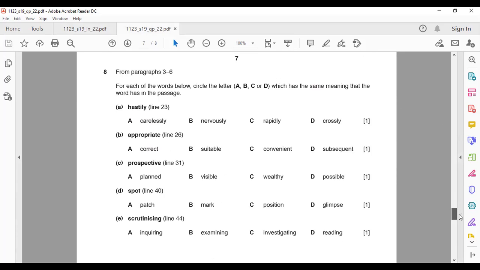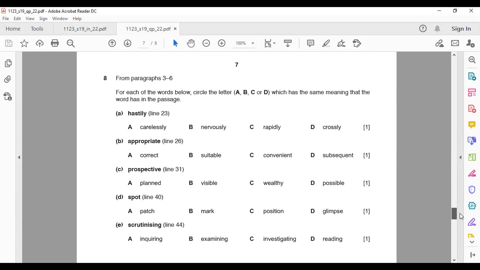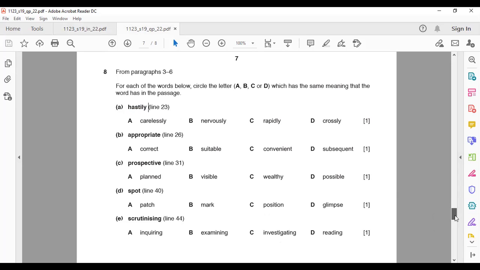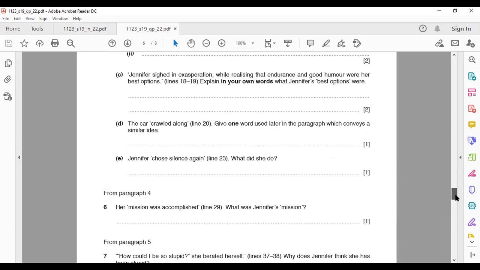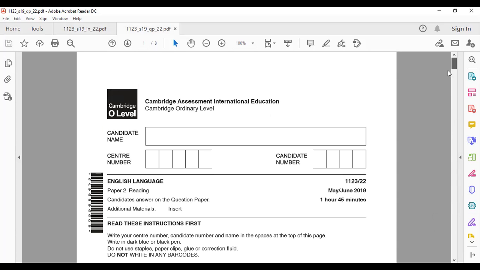Okay, so in the vocabulary question, you will come across 5 questions and you have to choose the best answer which is related to the question. And you may also refer to the line if you do not know what the word means, or you are unsure of the meaning of the words.